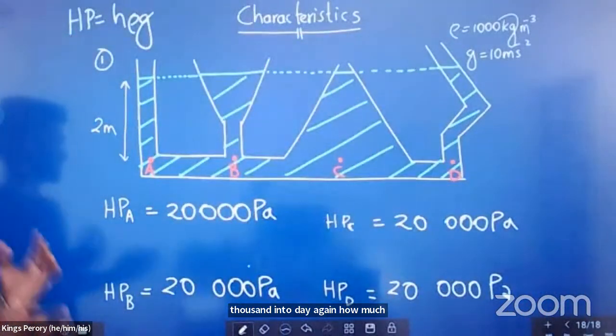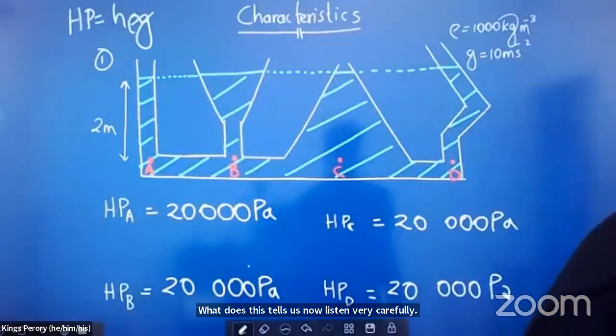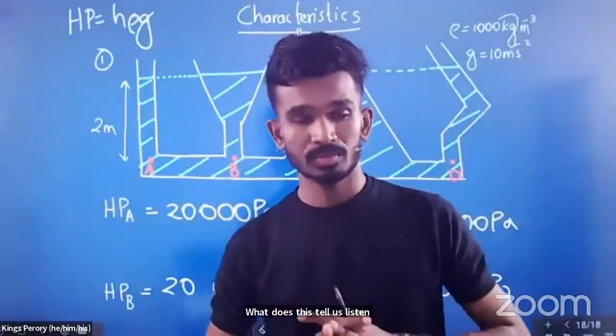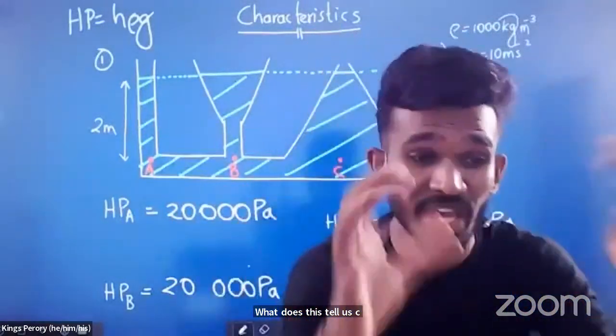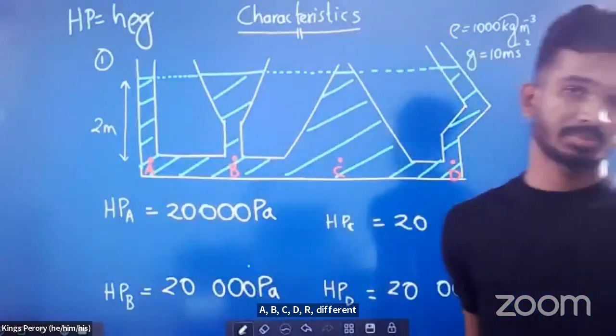What does this tell us? Now listen very carefully. A, B, C, D are different shapes. The containers are different shapes.